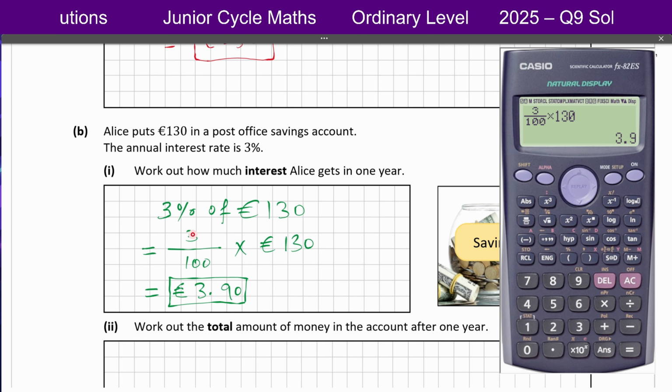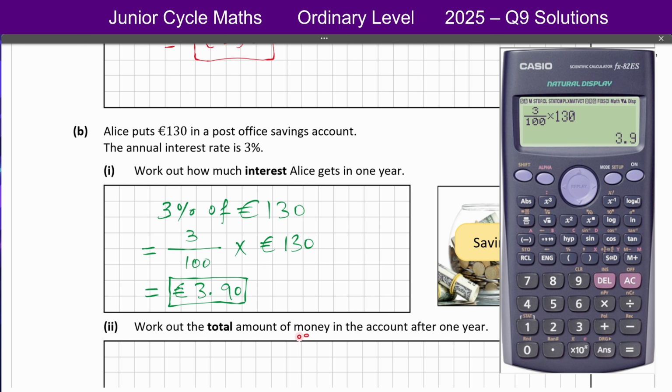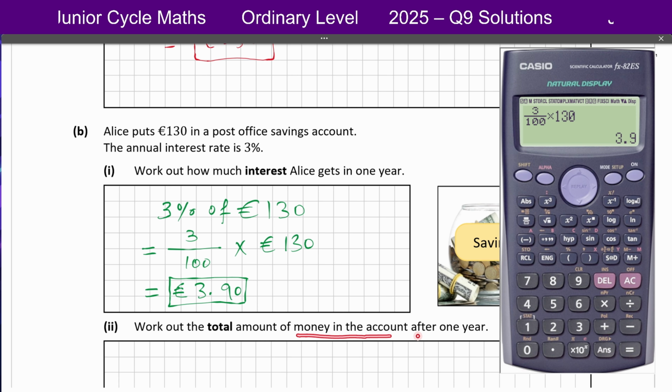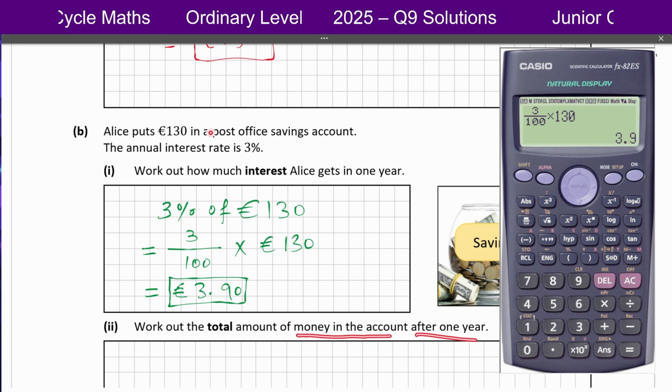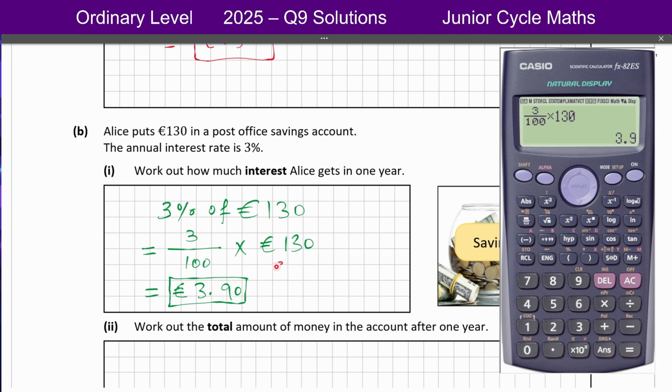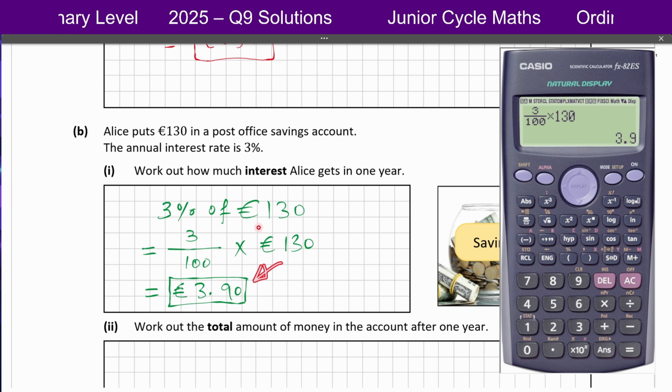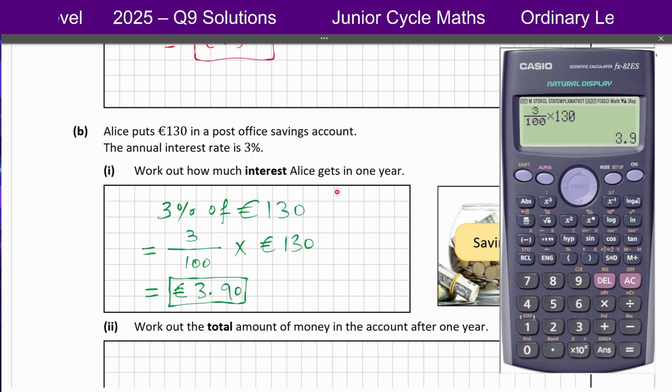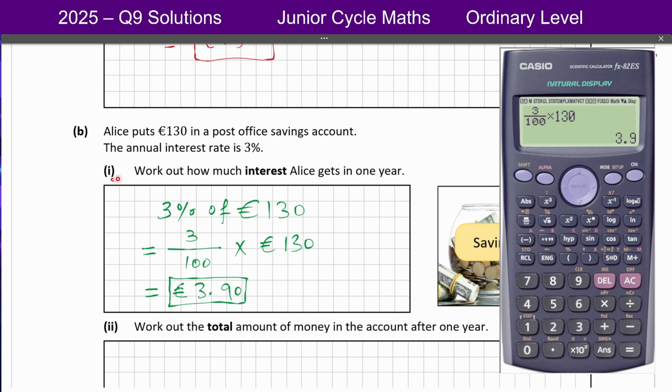To find the total amount after 1 year, we just add those two numbers: the €130 and the total interest in 1 year that we computed in the first part.